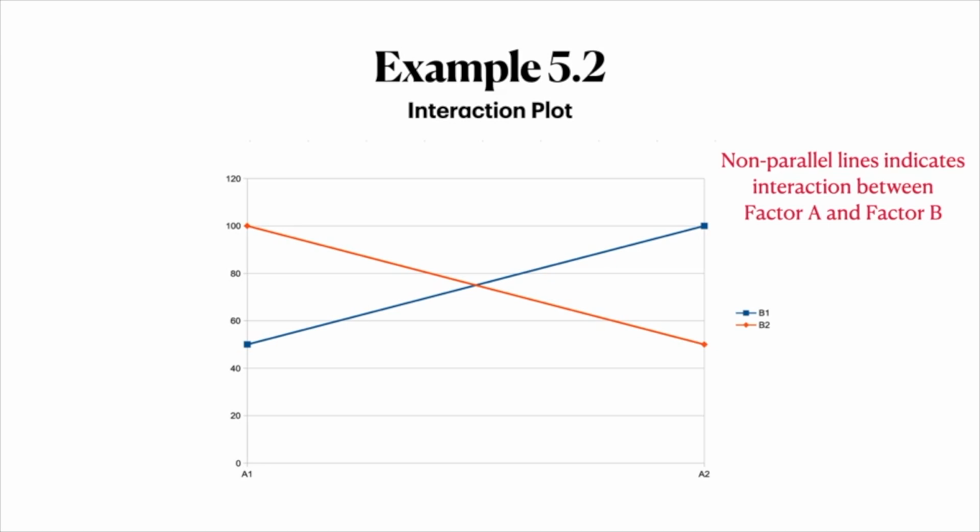And so in order to evaluate whether or not there's interaction, in many cases we're going to have to rely on something more than just the plot. We're going to have to rely on formal hypothesis tests. In some cases, it will be obvious that there is interaction.